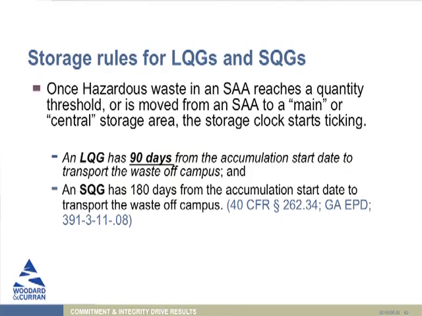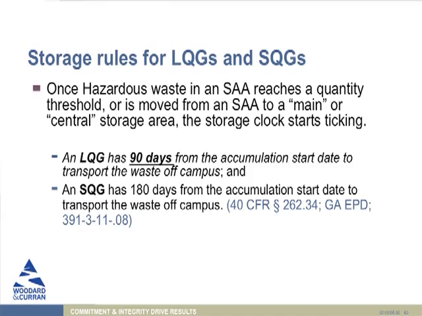So when you're ready to move waste from a satellite accumulation area, you generally are going to move it to a main or central area. You don't have to. You can arrange to have it picked up directly from the satellite area. But most of the time, you're going to accumulate it for a while first. When you do that, then you're talking about a main or a central storage area.